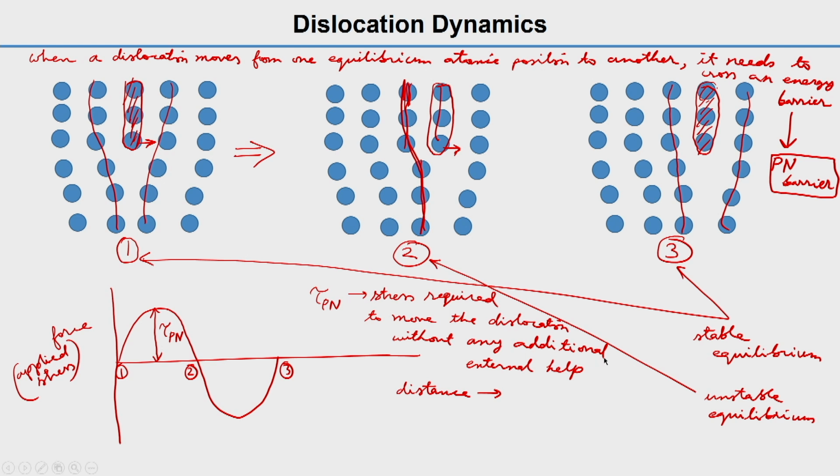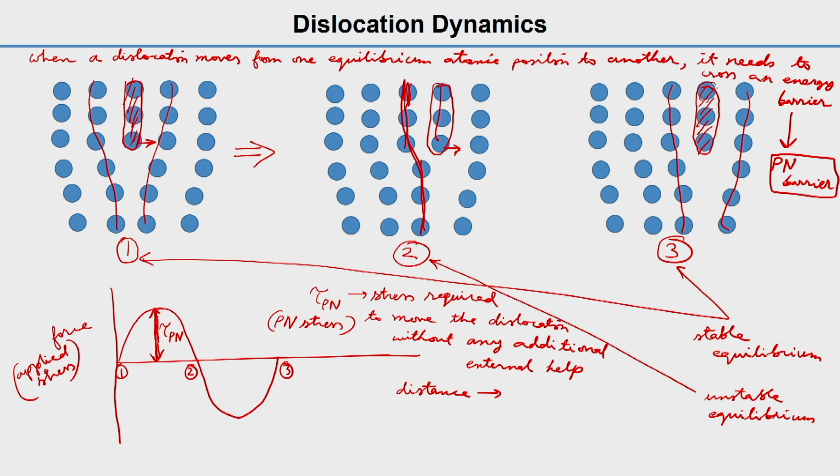This is called the PN stress, that is Peierls-Nabarro stress. So you can see here that's the barrier.